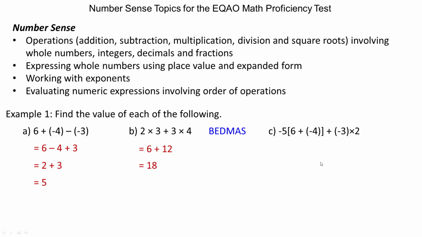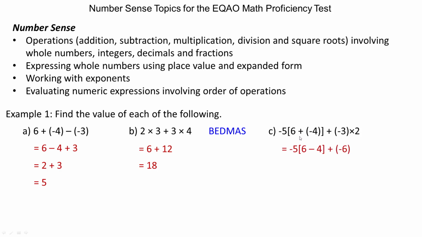For C here, when you see a number written right beside a bracket, that's implied multiplication. You don't normally put a multiplication symbol there, but there is multiplication there. Now, inside the brackets, we're adding 6 and negative 4, so I would evaluate that first. And since that's separated with an addition sign, we can actually do this at the same time.